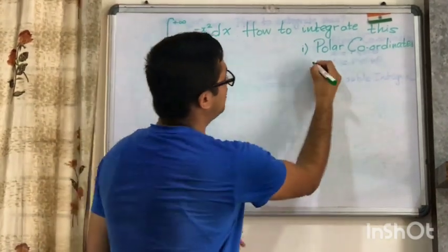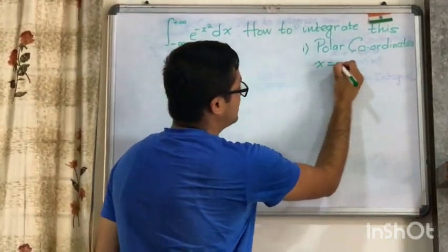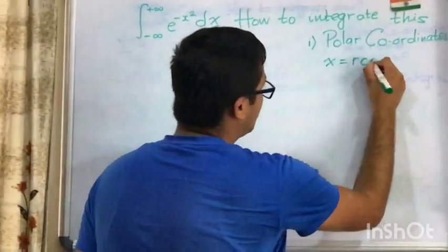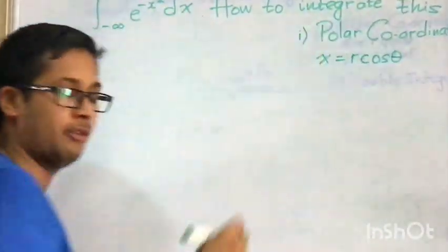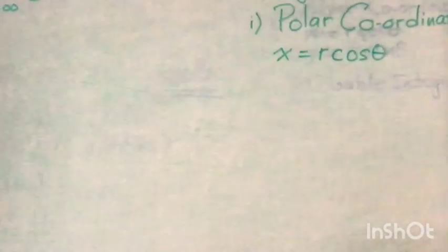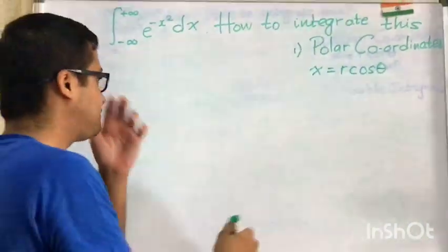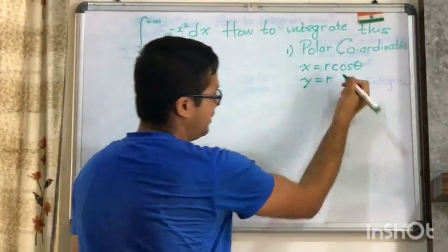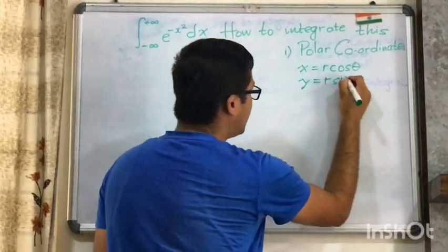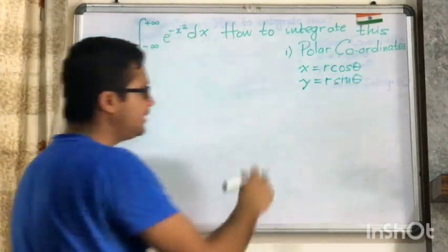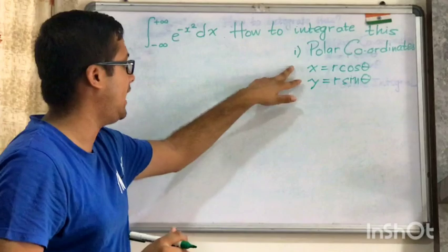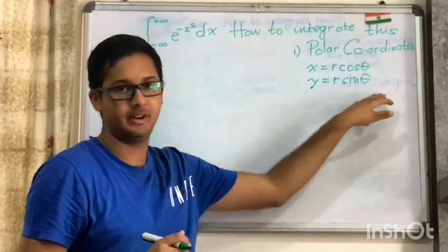So our x coordinate will be taken as some radius r of some random circle into cosine of the angle from a particular axis, say the positive x axis, and the y coordinate is again some random radius r into the sine of that particular angle. In this way we can define a set of points x and y using polar coordinates.